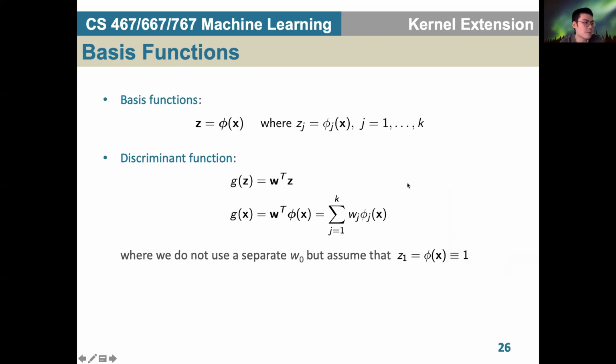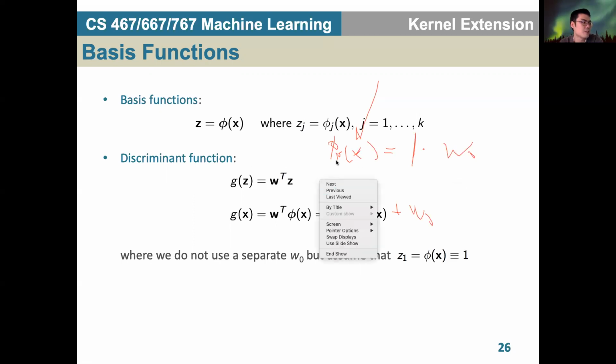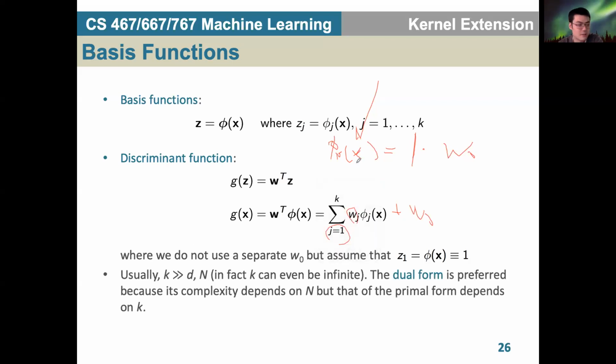What we will do is always define phi 0 of X to be equal to 1. Then this is a bias term, whatever W0 times phi 0. It doesn't depend on X; you always consider it 1. So you can construct additional features to get rid of the bias. It's just a notation, there's no difference.